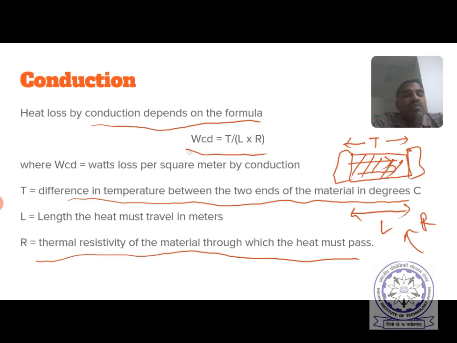Then the heat flow equals T divided by L into R.